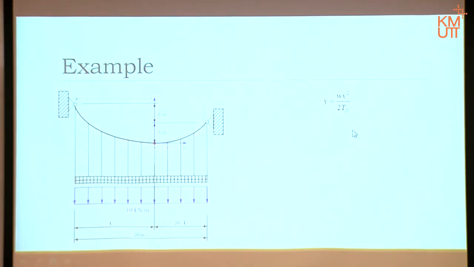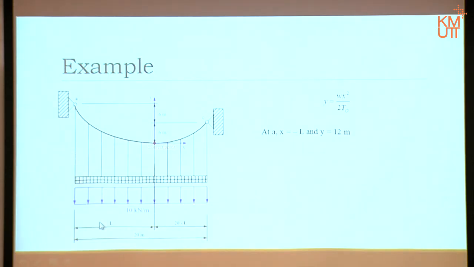Again, x, y is the coordinate of any point on that cable. So we have to look at what coordinates we know. For example, at point A, x is measured that way, from here to here, correct?